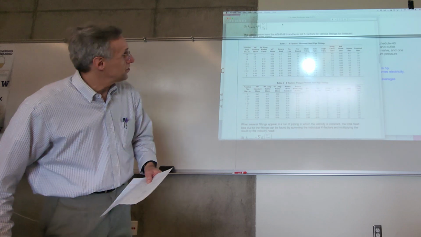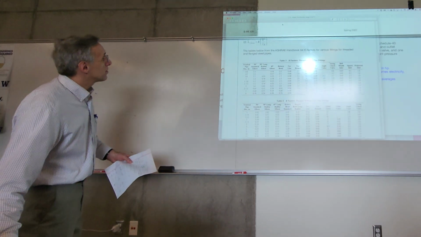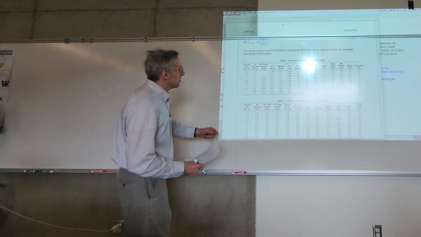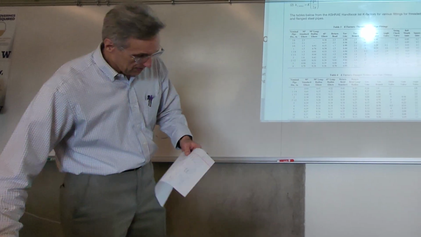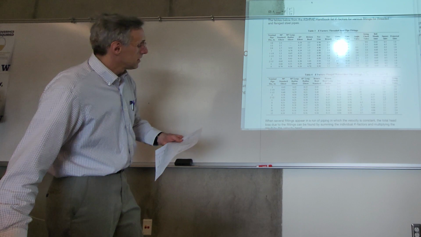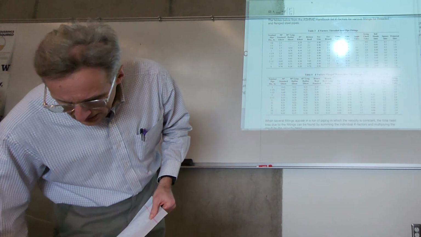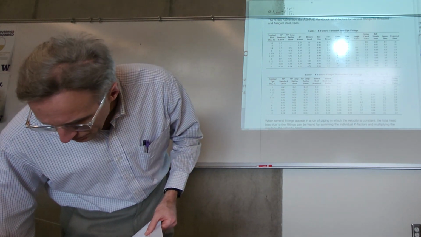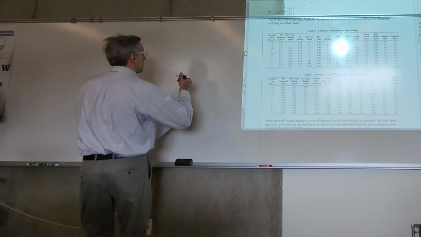There's this table, K factors for threaded pipe fittings and flanged pipe fittings. Our pipe size is 4-inch Schedule 40 pipe.